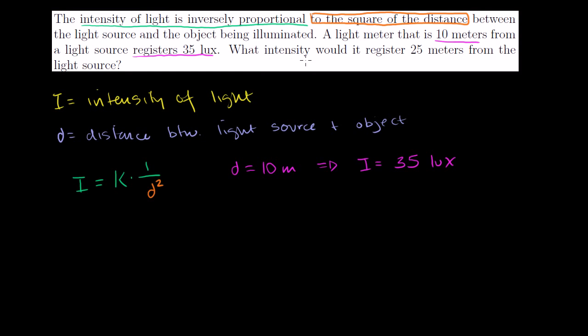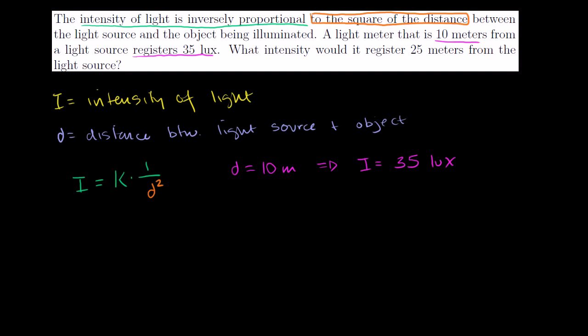Lux is a measure of intensity. So what intensity would register 25 meters from the light source? So this first statement they gave us, we can use that to solve for the proportionality constant. And then once we have that constant, we can solve for I or d given one or the other.